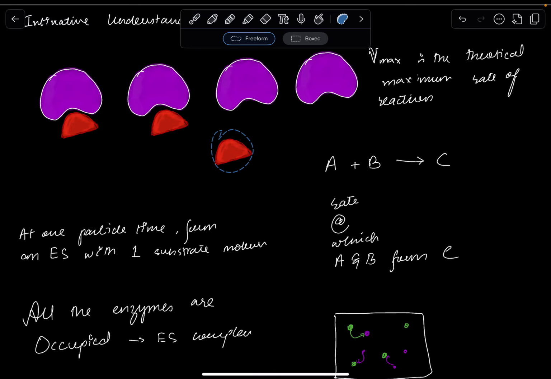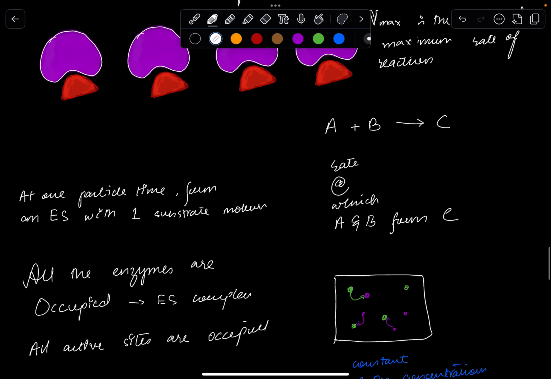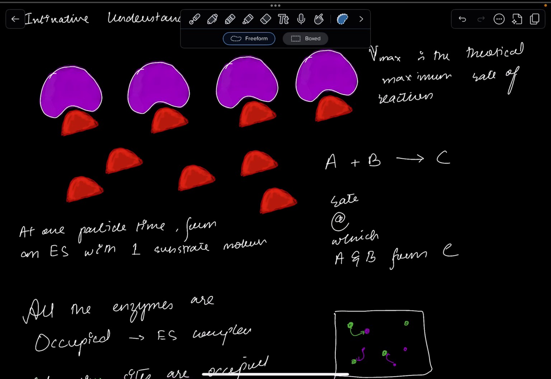This is the scenario that we're talking about. All active sites are occupied. Meaning that if I added more substrate, nothing would really happen. Nothing would really happen because the people working, by which I mean the enzymes, are all busy doing the task at hand.